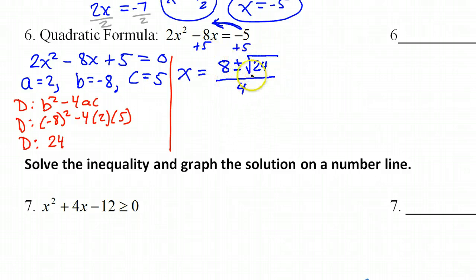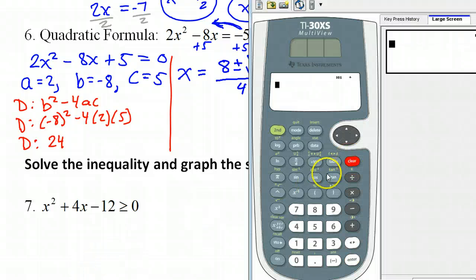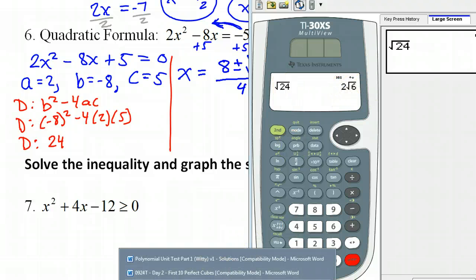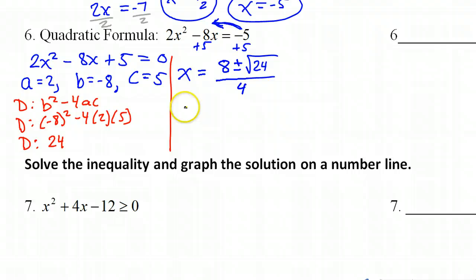Do not type this whole thing into your calculator. The only thing that you should be putting in your calculator is the square root of 24, and that's if you can't do it in your head, like I can. No time to teach you that right now. So the square root of 24 is 2 radical 6. Then this becomes x equals 8 plus or minus 2 root 6 over 4.